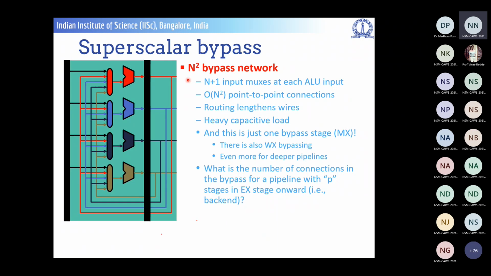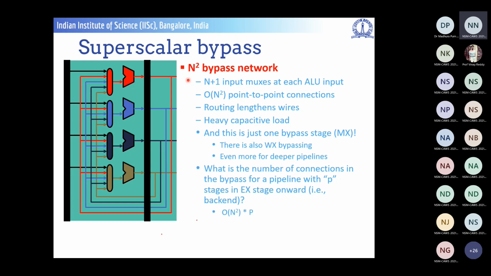If you have a deeper and deeper pipeline, there is execute stage 1, execute stage 2, and memory stage 1, memory stage 2, and so on. So there are more and more stages of the pipeline during which the result of an instruction can become ready, say P stages, right?